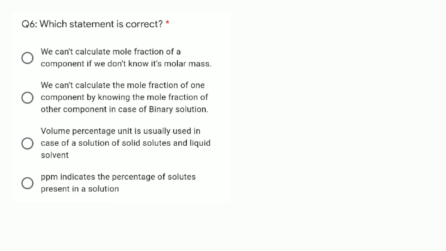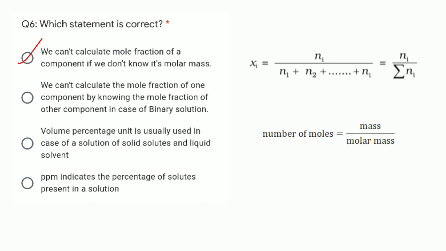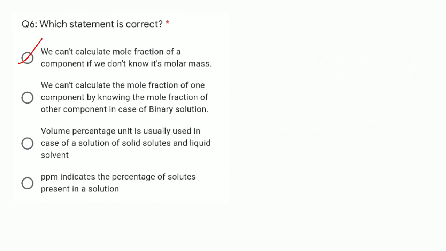Yes, this is right because mole fraction of a component is equal to the number of moles of that component divided by the total number of moles of all components present in that solution. And to calculate the number of moles of any component, we require the mass of that component present in the solution divided by the molar mass of that component. So we need the molar mass of each and every component to calculate the mole fraction. So option A is the correct option.